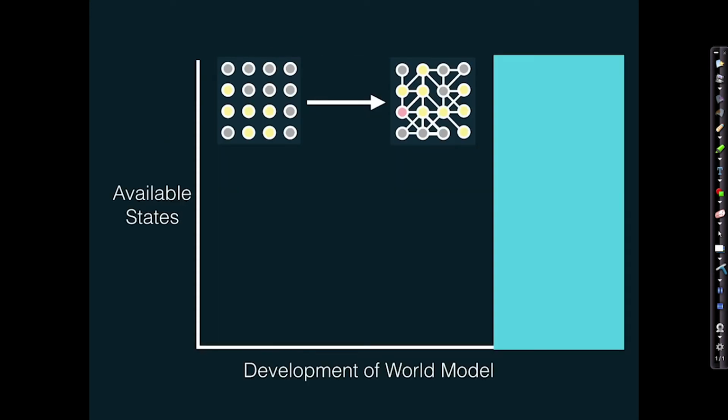So we can see then that as the world model, your pattern of connectivity develops, the number of available states goes down. Your brain is sculpting the possible states. And so that also means that the information that can be generated by these cortical columns also goes down. Now, that's not a bad thing.